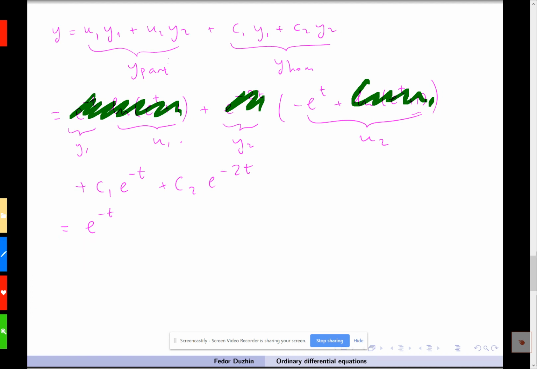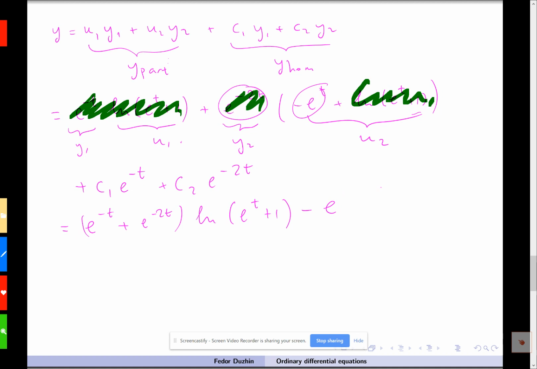So we are going to get e to the minus t plus e to the minus 2t times ln of e to the t plus 1, plus e to the minus 2t times minus e to the t. So this is minus e to the minus 2t plus t, which is just minus t.